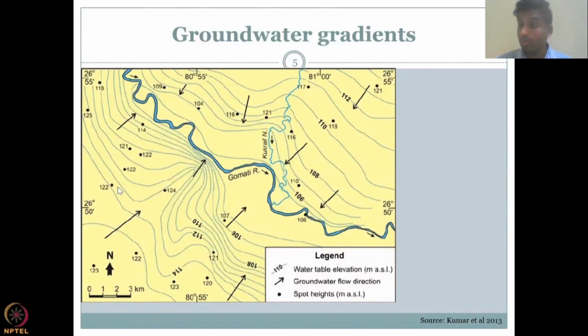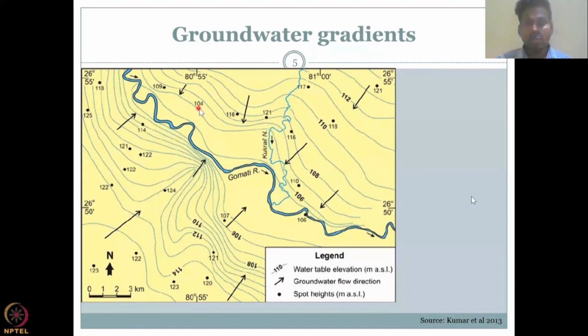So first they took the points of the groundwater wells, okay, and they made the groundwater well map on the surface, and then they took the water levels from the groundwater. It is in meters, okay, we have 104 meters, 116 meters, etc. And then they made the contour map of the wells.